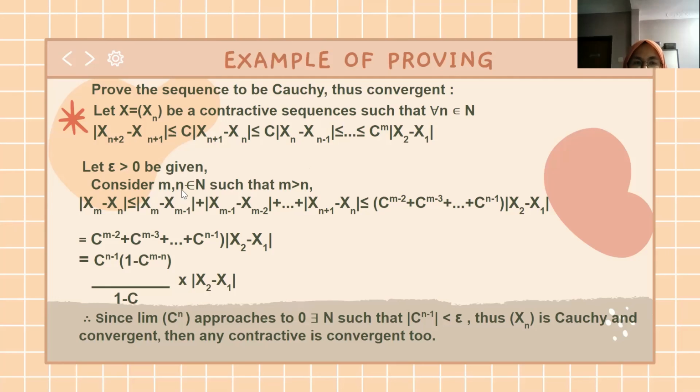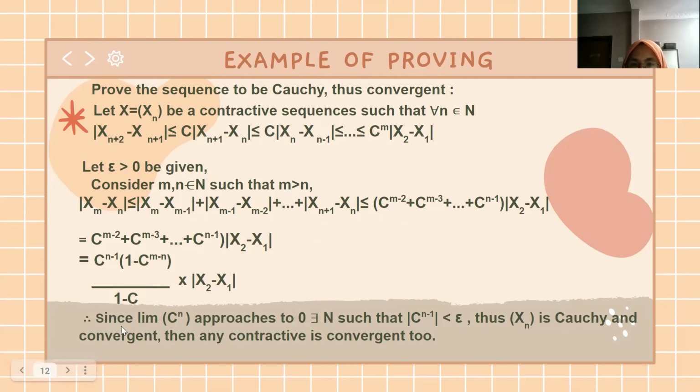Consider m and n elements in the natural numbers such that m is more than n. Then we can evaluate this form and relate the general form with the triangle inequality here. Then we get this.